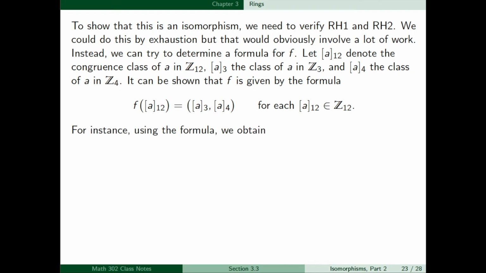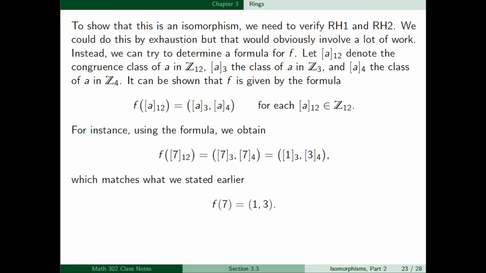For instance, using the formula, we obtain f of 7 sub 12 is equal to 7 sub 3, comma, 7 sub 4, and this is equal to 1 sub 3 and 3 sub 4. So the first coordinates are mod 3, the second coordinates are mod 4. And this matches what we stated earlier, that f of 7 is equal to the ordered pair (1, 3).